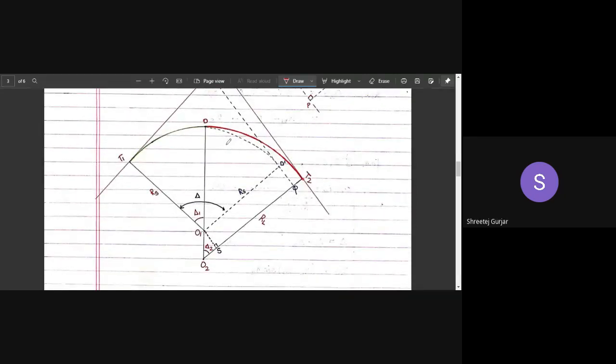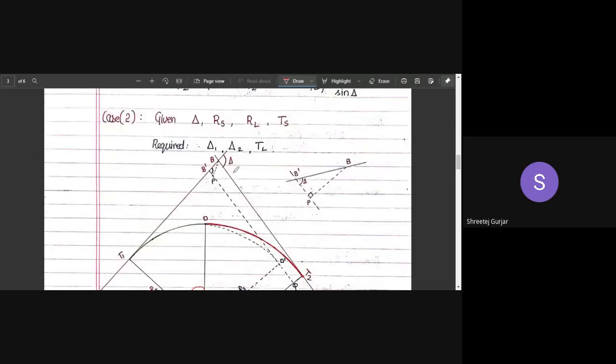Now, the first thing that you have to do is continue this short curve T1D up till you reach D dash. D dash is nothing but the extension of this. We have continued from D to D dash.